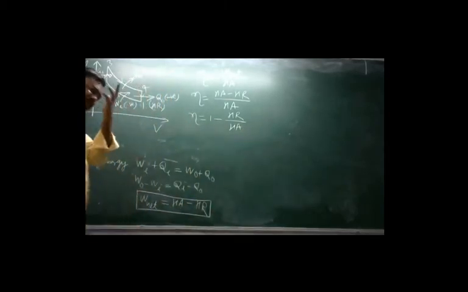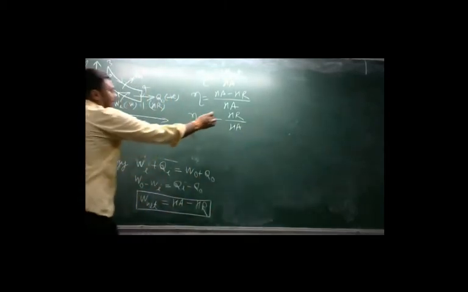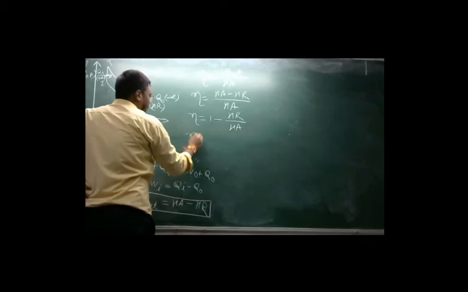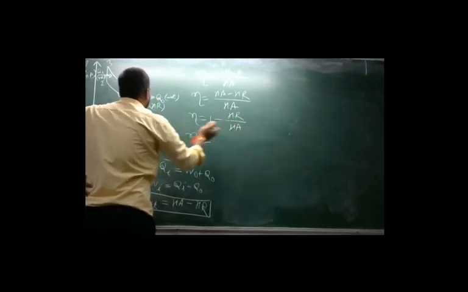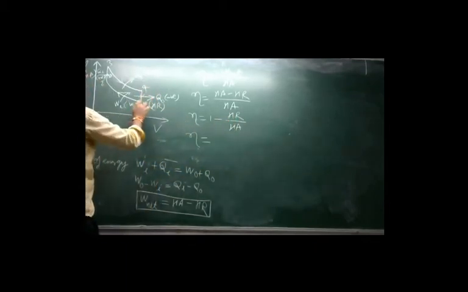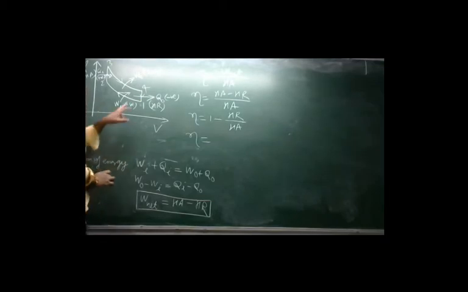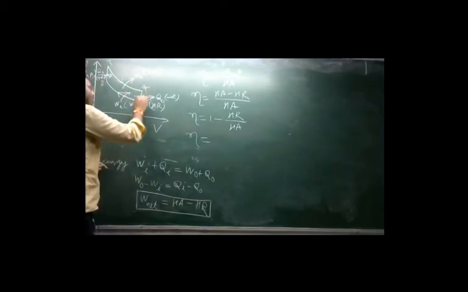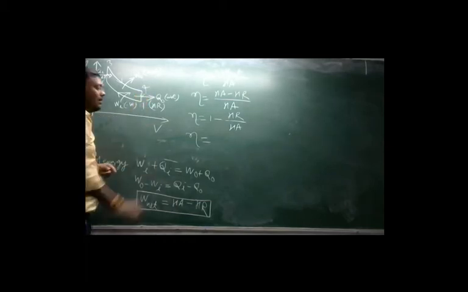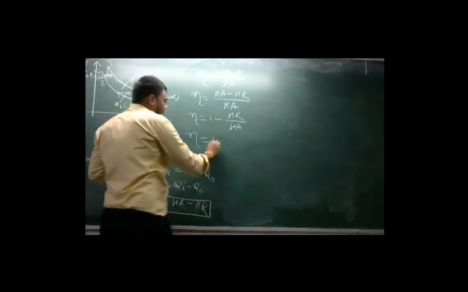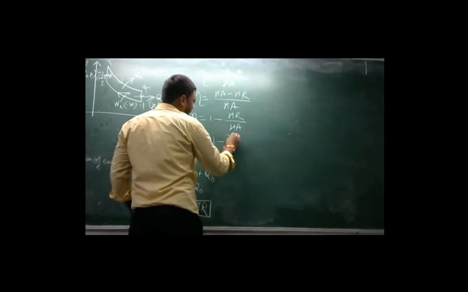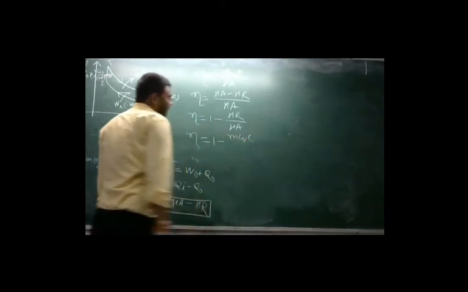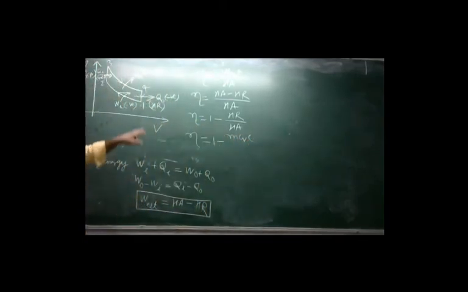Okay. Now from the diagram we can put the value of heat rejection and heat addition. So eta equal to 1 minus heat rejection, which takes place from 4 to 1. What will be the value of heat rejection? We know the formula; this is a constant volume process. So it will be mCV dT, which is final temperature minus initial temperature.